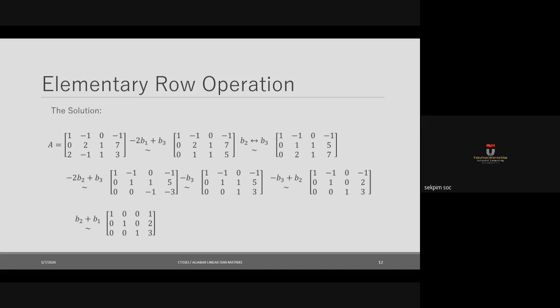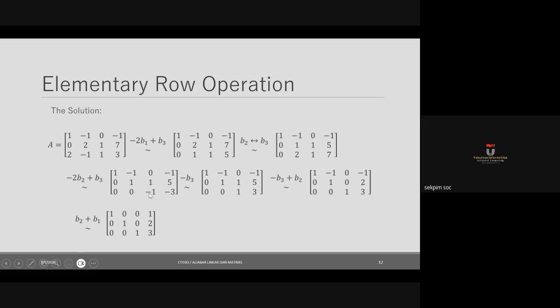To make this a pivot, we multiply the third row with -1. So this is the operation minus row 3. The first row and second row remain the same.